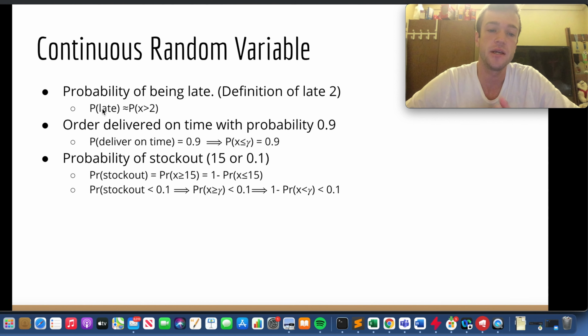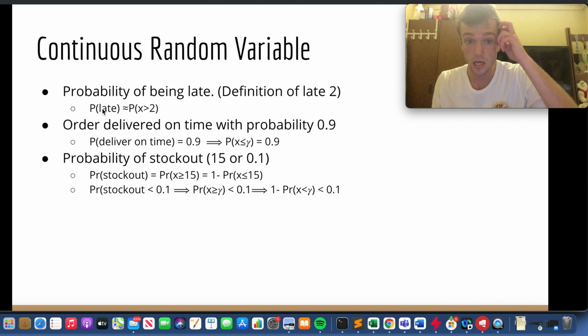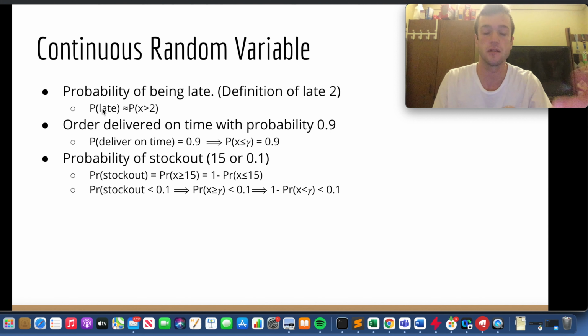You want the probability of delivered on time to equal 90%, and you're trying to select a time so that you're 90% on time. So you're selecting a gamma so that the probability of x less than gamma equals 90%.